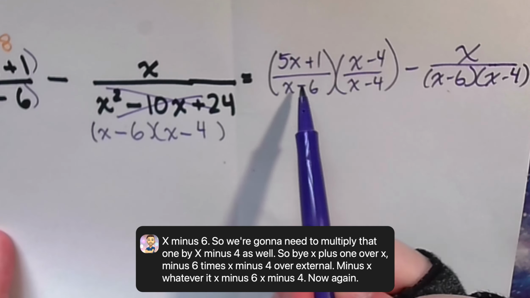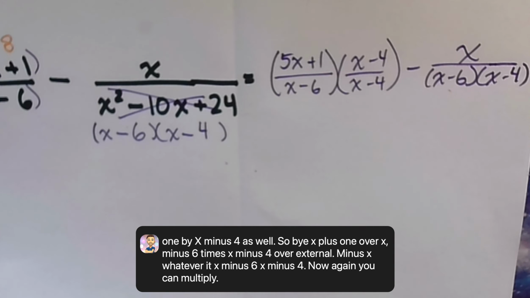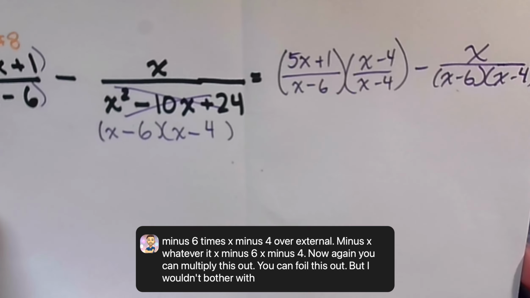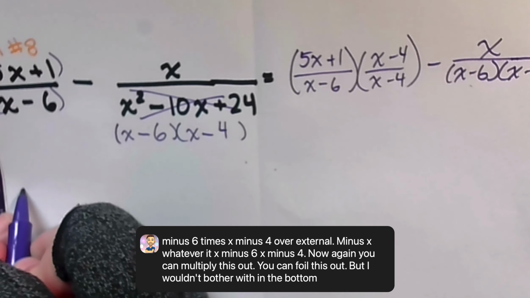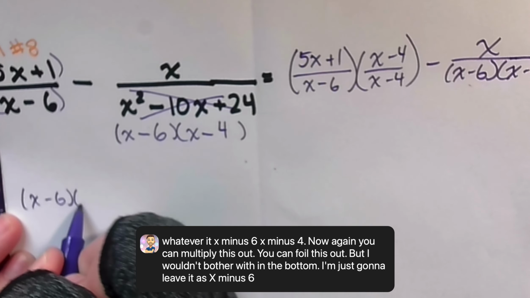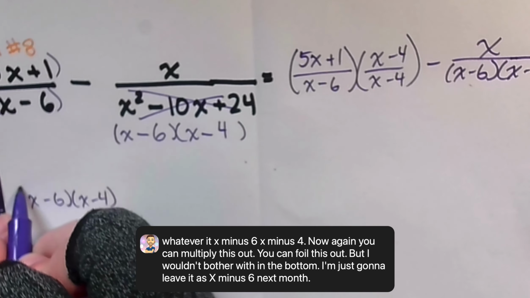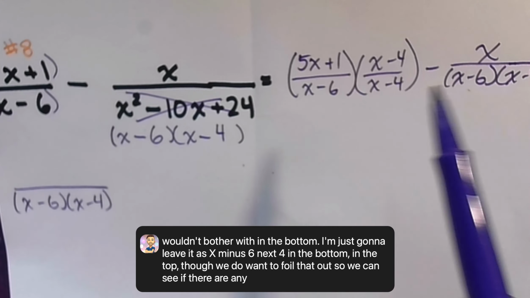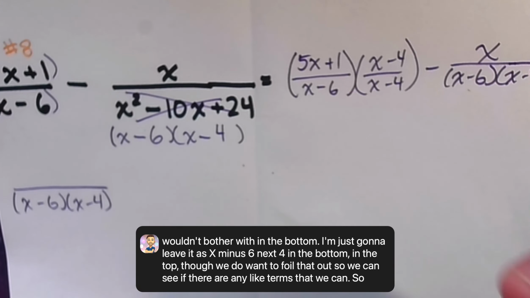Now again, you can multiply this out, but I wouldn't bother in the bottom. I'm just going to leave it as x minus 6 and x minus 4 in the bottom. In the top, though, we do want to FOIL that out so we can see if there are any like terms that we can subtract that x from.